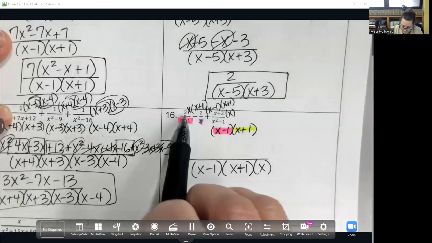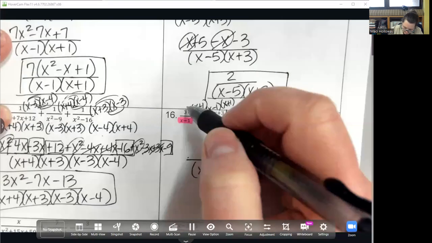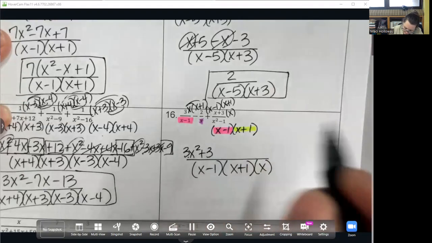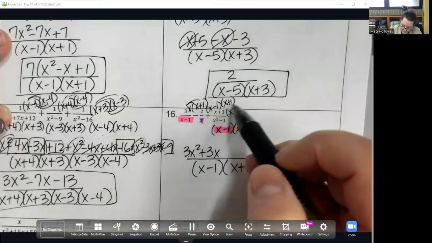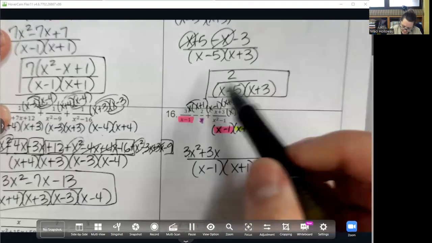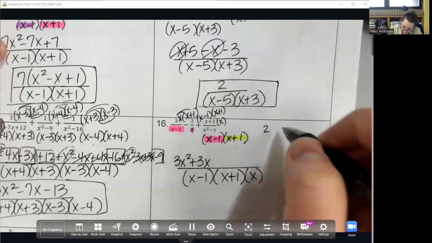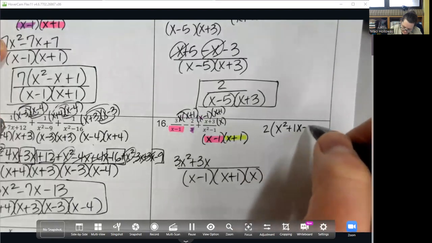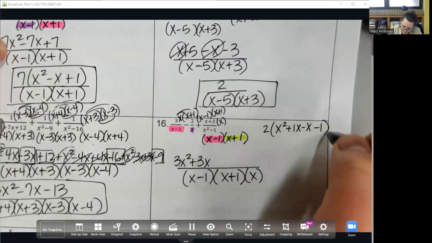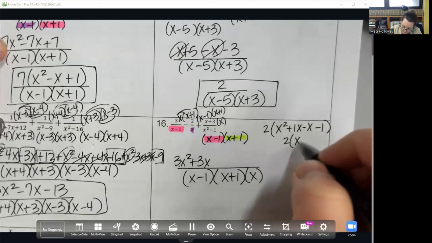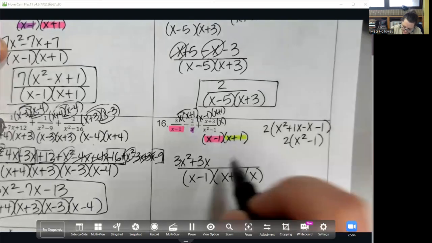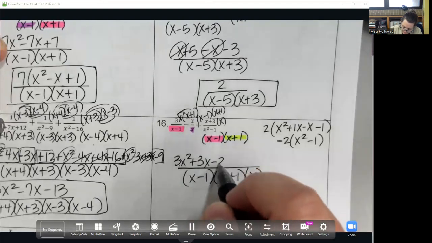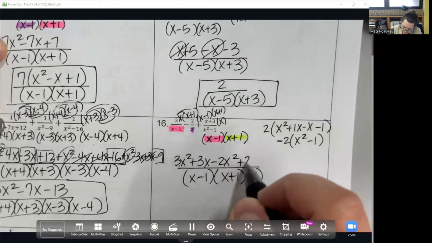All right, so we're going to call this 3x and distribute. So we have 3x squared plus 3x. FOIL and then multiply by 2. So I'm going to work it out over here. X squared plus 1x minus 1x minus 1. So this is 2 times x squared minus 1. So, ooh, don't forget that's a negative 2. Most missed it. Negative 2x squared plus 2.